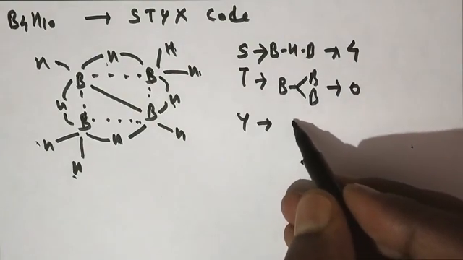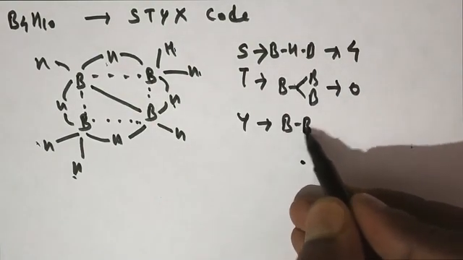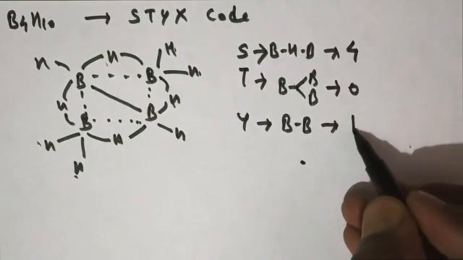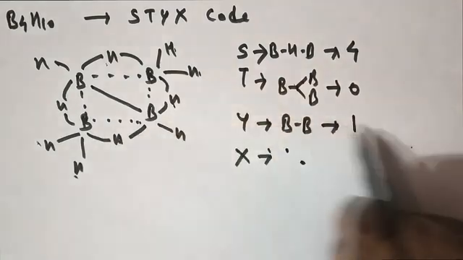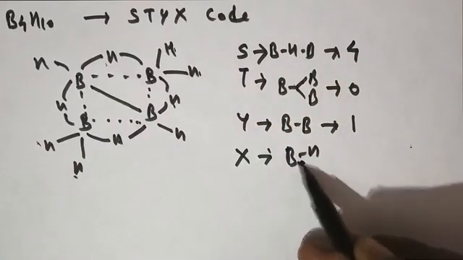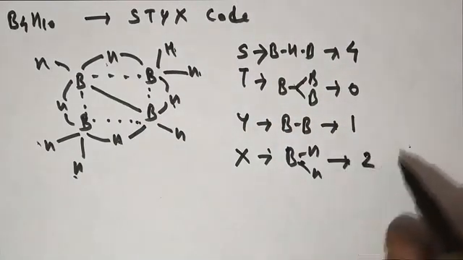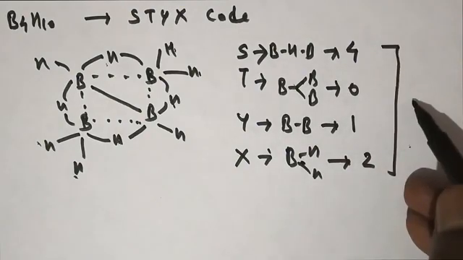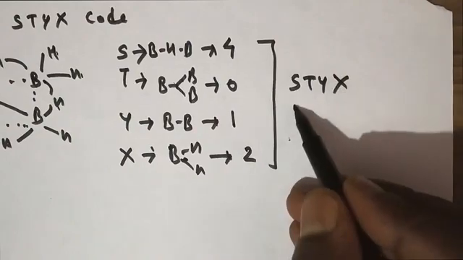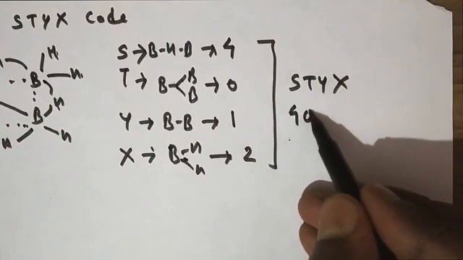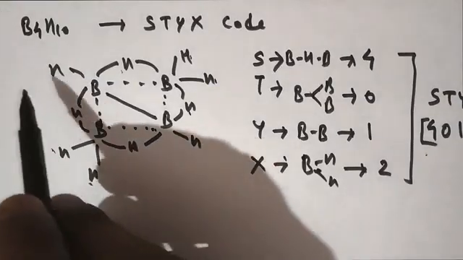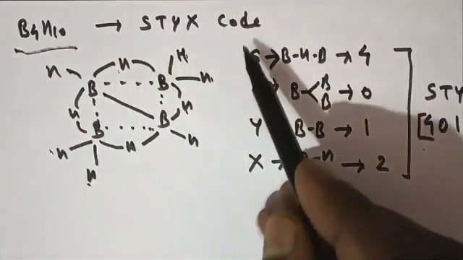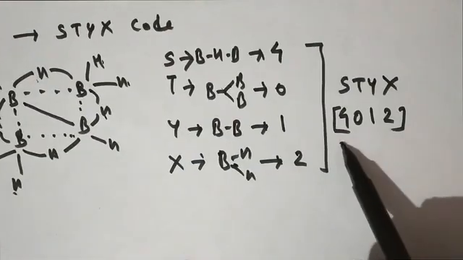Y is represented for the BB bond, and this BB bond will be 1. X represents the BH2 bond, and this BH2 bond is 2. The total STYX code will be 4, 0, 1, 2. So for B4H10, the STYX code will be 4012.